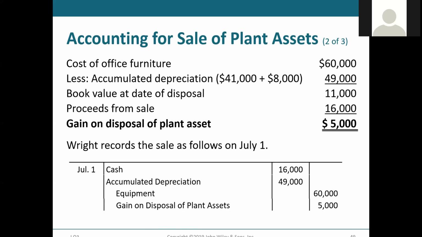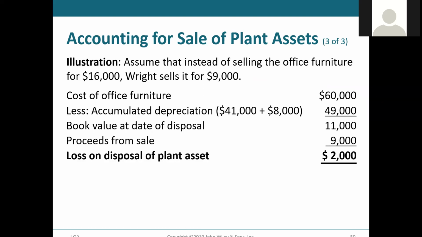I would take a look at that journal entry and just stuff it in my brain. It's always going to be a debit to cash, debit to accumulated depreciation, credit to the original cost of the equipment, and then the high man wins. If the debits were higher, like it is here, you have a gain. If it was the other way around, it would have been a loss.